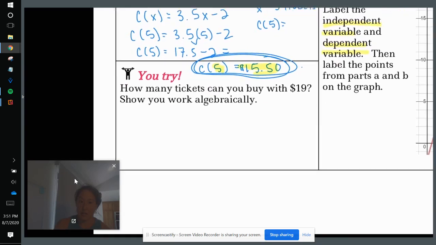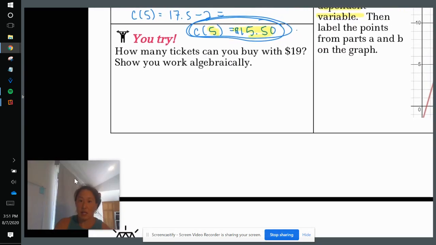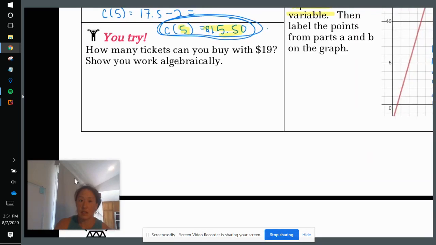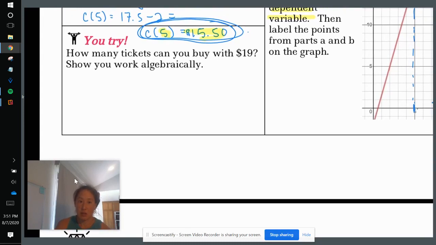Up next is how many tickets can you buy with $19? And we're going to show this work algebraically, and then I'll show you on the graph. Okay. So we're going to start with C of x is equal to 3.5x minus 2. That was our function. Is 19 a cost or the number of tickets you bought? This is the cost.